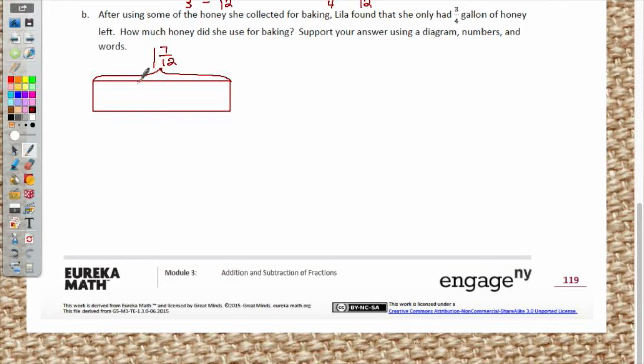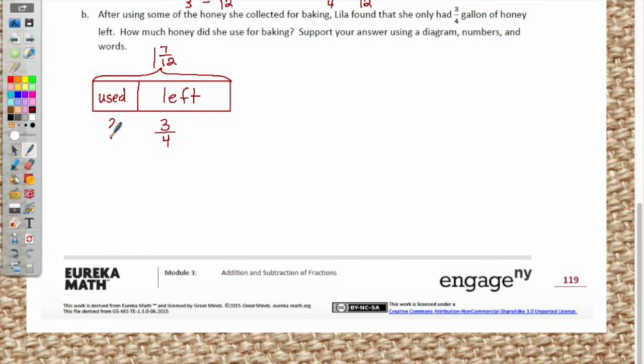So she used some of it. And she had 3/4 gallon left. How much honey did she use for baking? So that's how I'm organizing my information. What do you think? Is that pretty good? Okay.